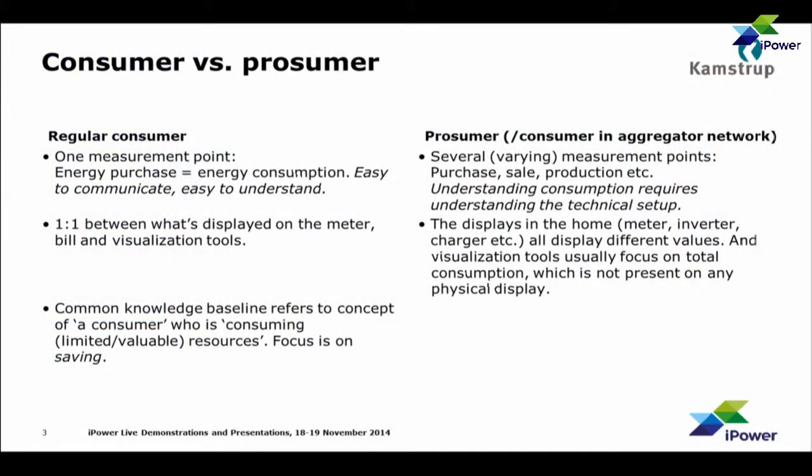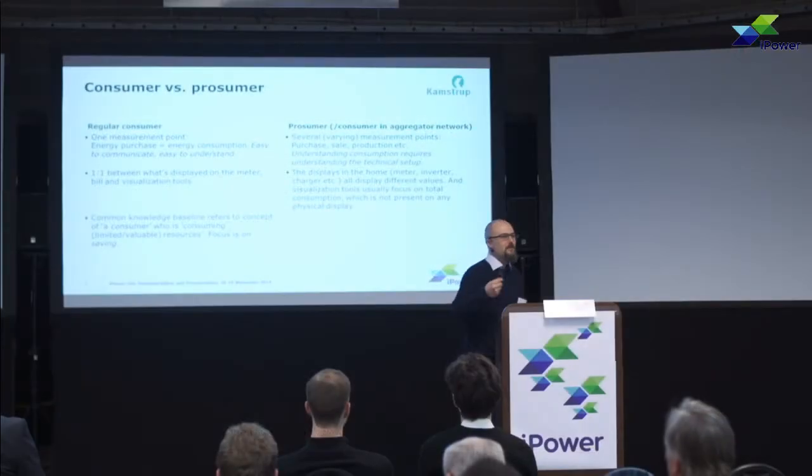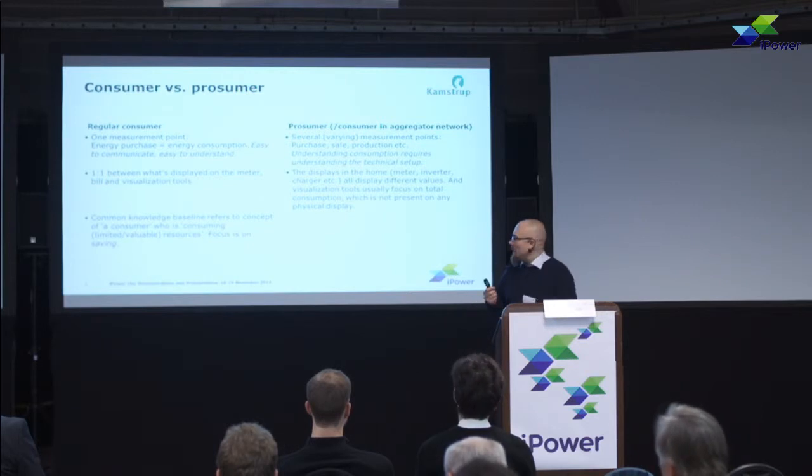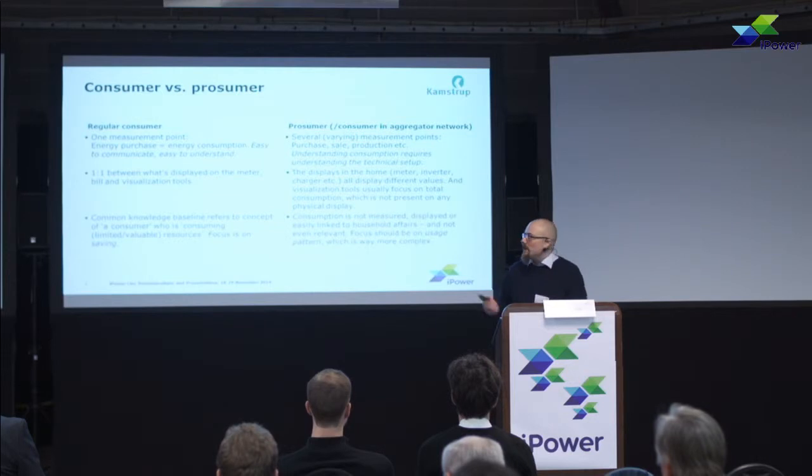Another difference is the concept of the knowledge baseline, if you will, of these people. Regular consumers have this concept of themselves consuming something that is usually described as limited or valuable. So the focus is on reducing this consumption.